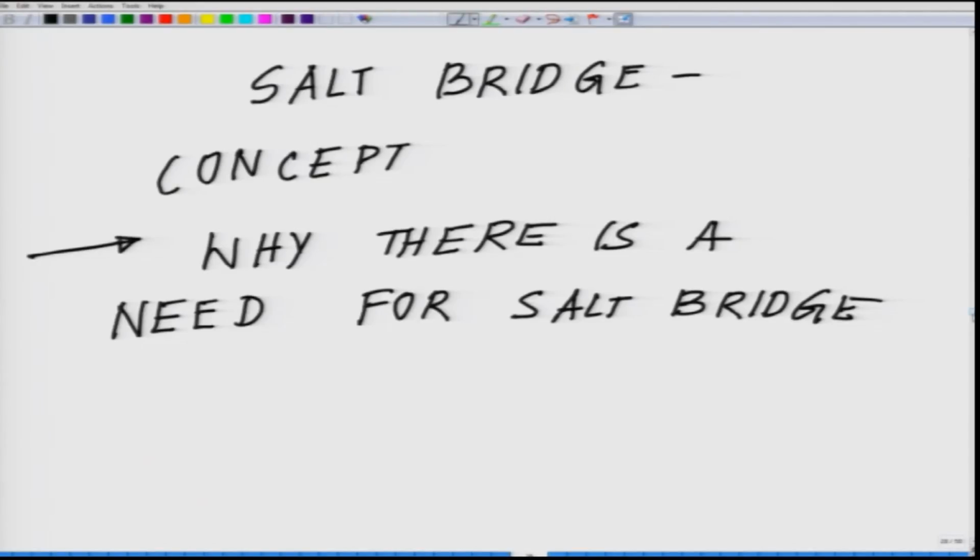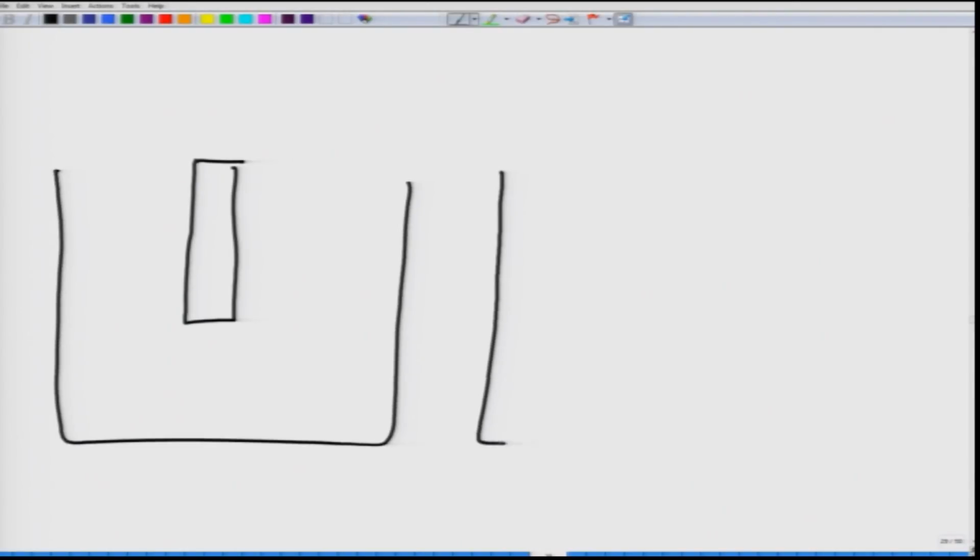Let us draw the situation where we did not get any network done. Now we have two different beakers.